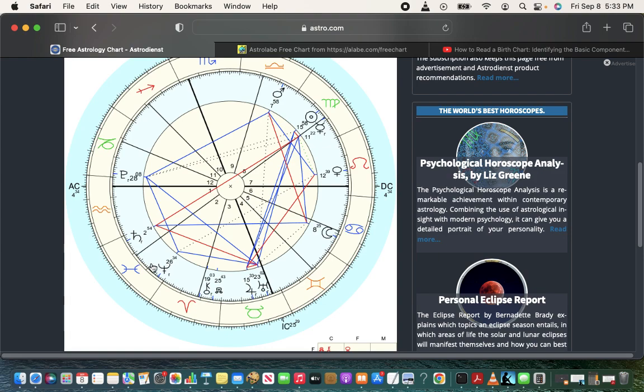And the signs are divided up into fire, which is red, earth, green, air, looks like a gold color, and water, blue.